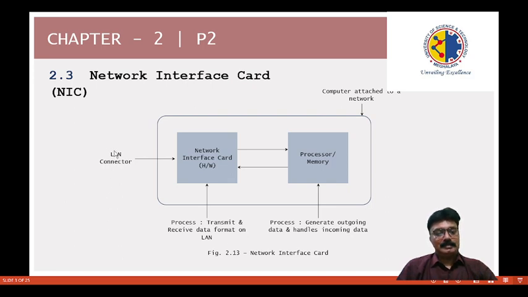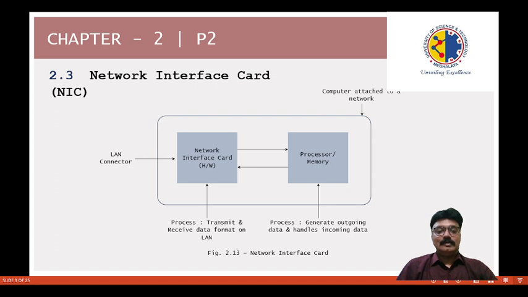So from the LAN, this network interface card is used to receive and transmit the data to where? Exactly to the processor or memory. The processor or memory generates outgoing data and handles incoming data. So that process is handled by this processor or memory.